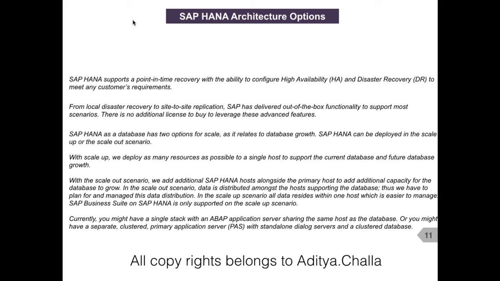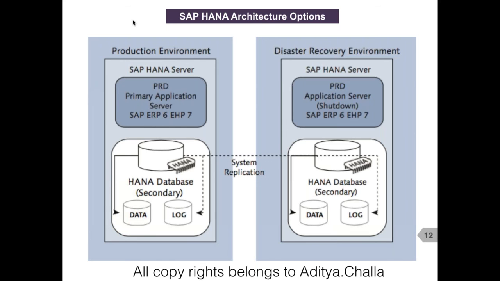Currently you have a single stack with the application server sharing the same host as the database, or you might have a separate clustered primary application server with a standalone dialog server and clustered database. So here you see there is a structure. Here the SAP production environment and disaster recovery management environment are different.